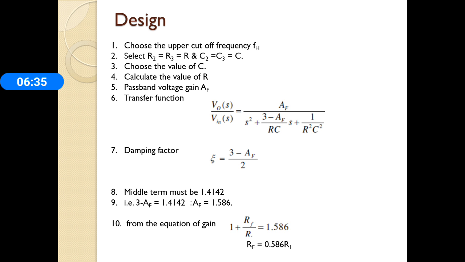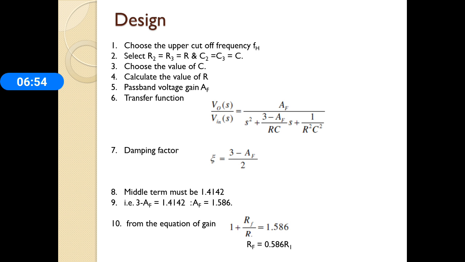We already have the transfer function of this filter, that is V0 of S upon V in of S equals AF upon S square plus (3 minus AF) upon RC times S plus 1 upon R square C square. This is the simplified form of the transfer function.